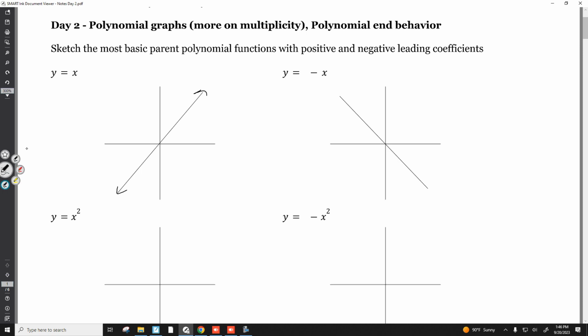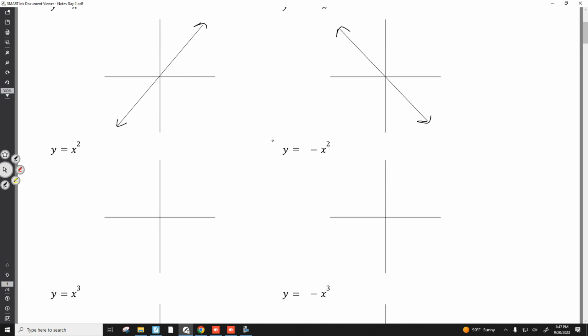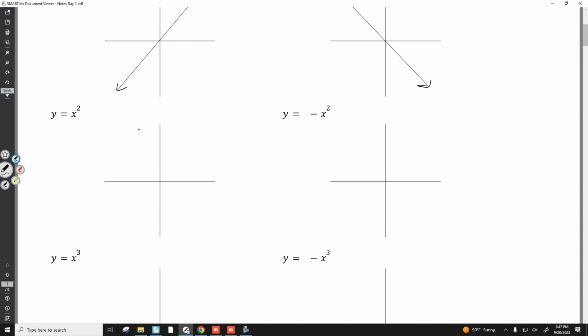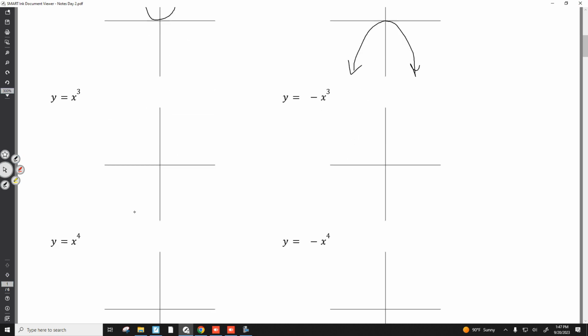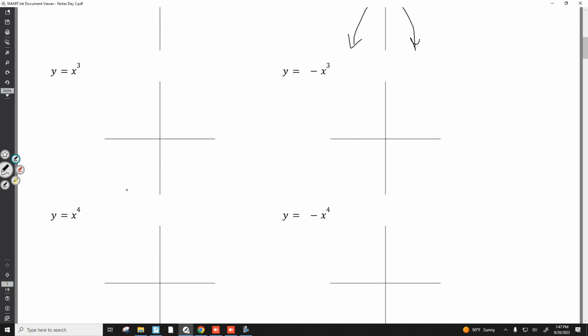So this is y equals x, y equals negative x. This is x squared, negative x squared. X cubed, negative x cubed, x to the fourth.